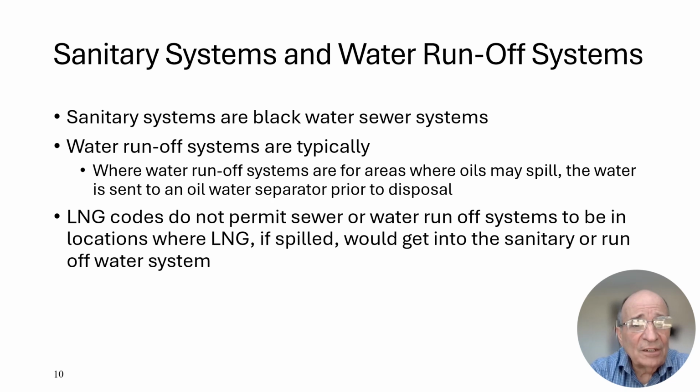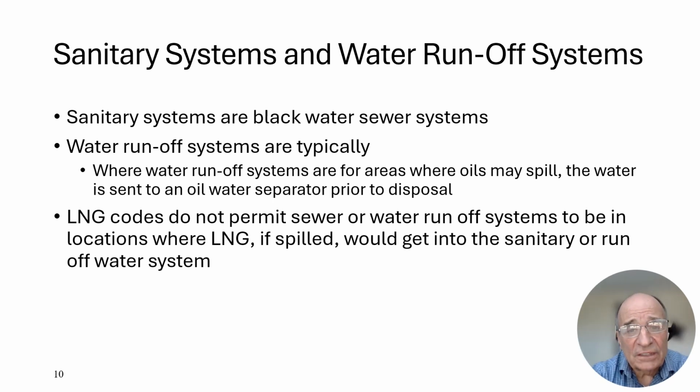Sanitary systems are what's called black water sewer systems. Runoff water, typically called gray water, is captured by systems that are needed if it's raining out or if there's a spill of clear water or clean water in an area. Where water is contaminated, you need special containment vessels for that contaminated water.